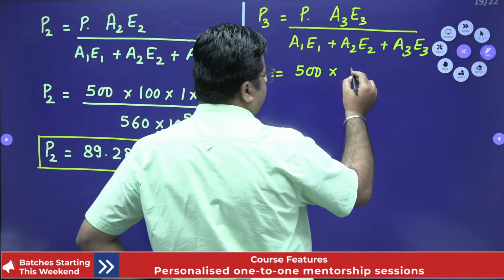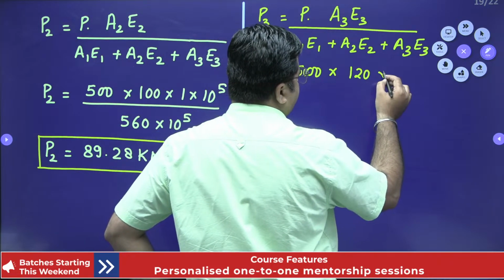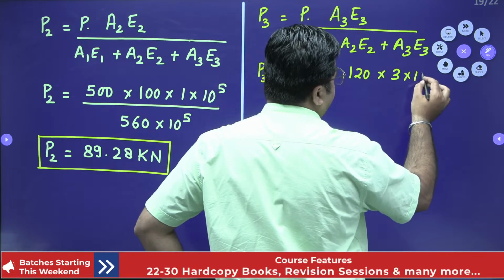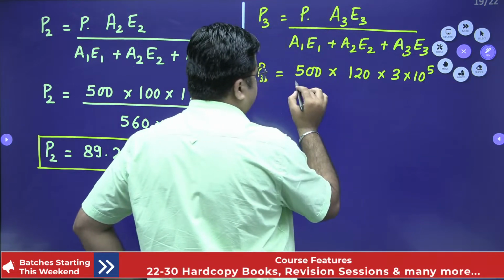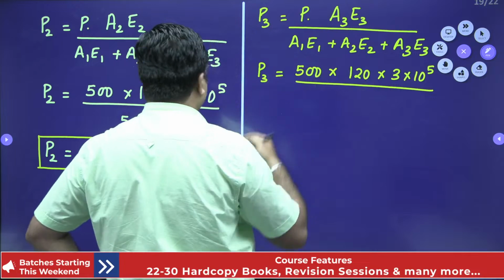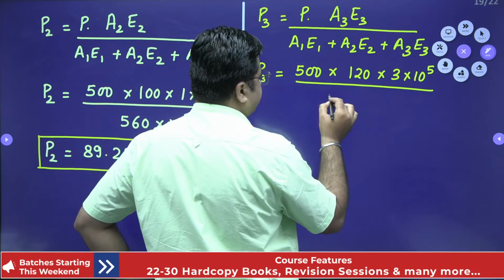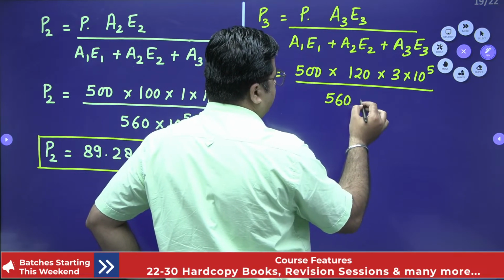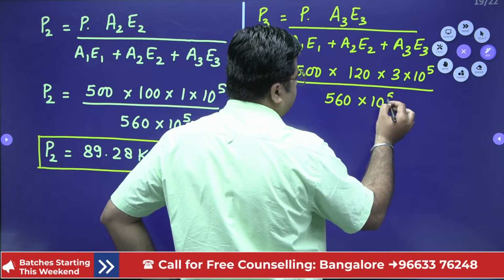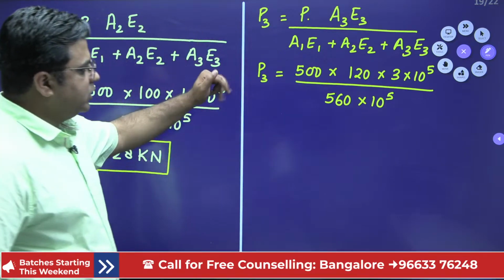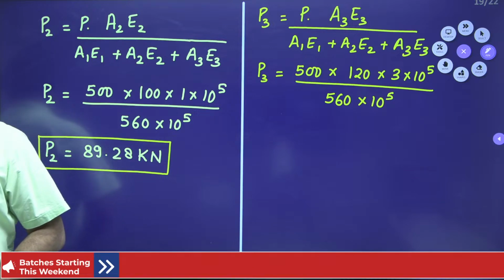So area is 120 and Young's modulus is 3 into 10 raised to power 5 megapascal. This denominator we have already calculated, which is nothing but 560 into 10 raised to power 5.